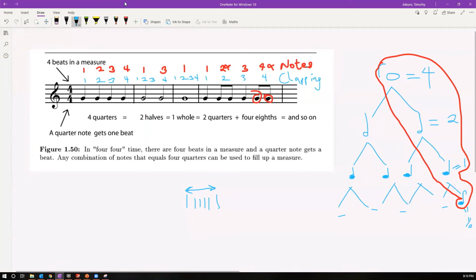This is slower. 1, 2, 3, 4. You notice I'm still keeping to the beats of this song, which is 4/4, but I'm singing it slower. And slower means I'm singing it at a slower or lower tempo. Now if I say 1, 2, 3, 4, 1, 2, 3, 4, 1, 2, 3, 4, it's faster. That means I'm singing it at a higher tempo. But I'm still keeping to the beats of the song we're considering here.